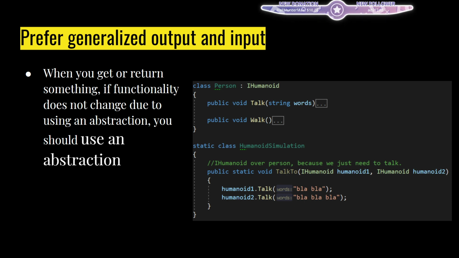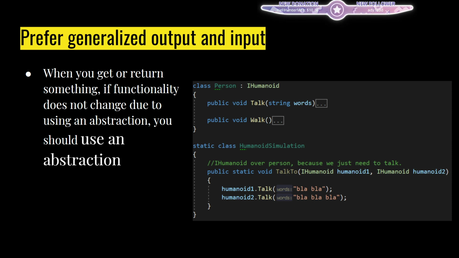Next, some guidelines about input, output and method body in general. So first, prefer to get and return something as general as possible. If getting and returning general stuff does not change implementation, you should do it. Generalize stuff if it makes no difference in the implementation of the method.